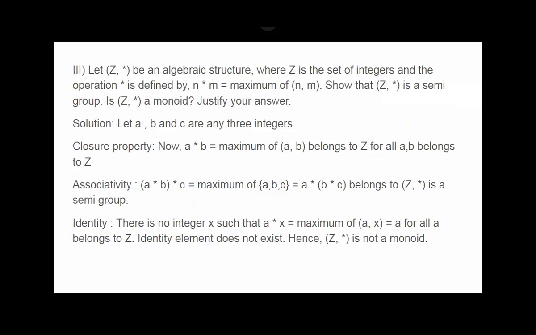The next example or next theorem that we are going to see is this one. Let Z star be an algebraic structure, where Z is the set of integers and the operation star is defined by n star m is equal to the maximum of n, m.